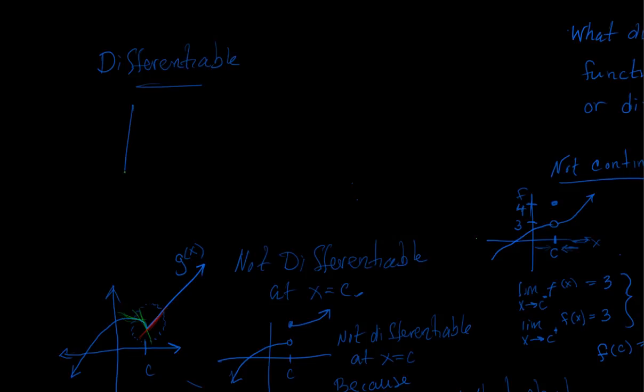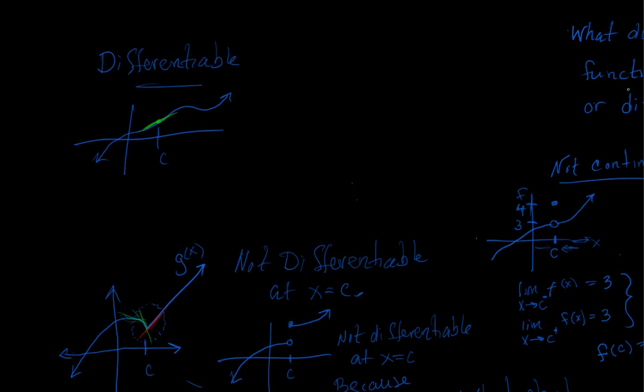Here's the graph of a function that is differentiable at x equals c. Here at x equals c, we have no problem defining a tangent line. Right here there is a tangent line to the function. That tangent line has a slope. The slope of that tangent line is what the derivative gives us.